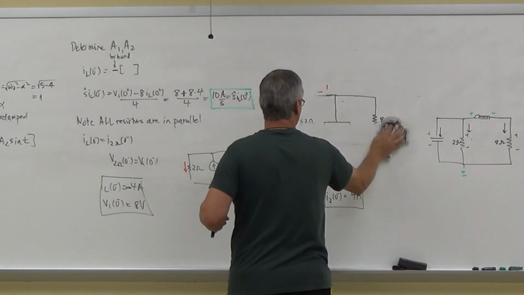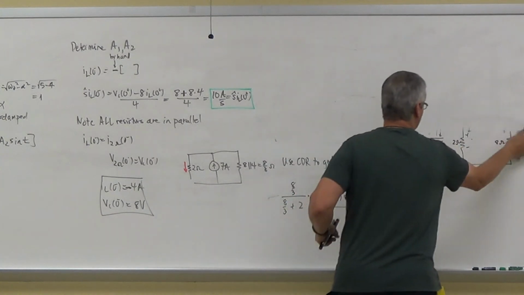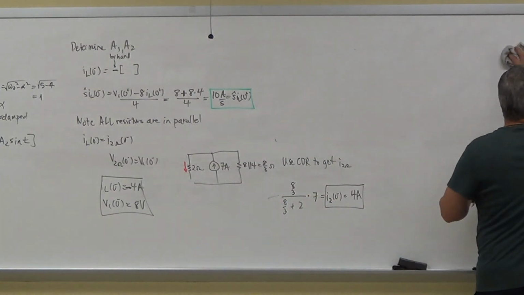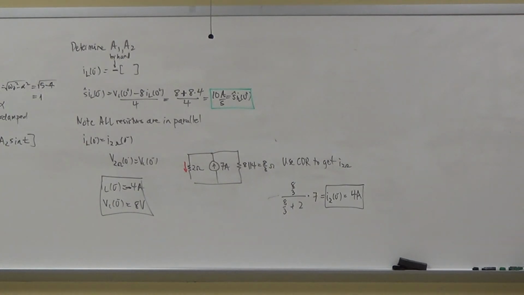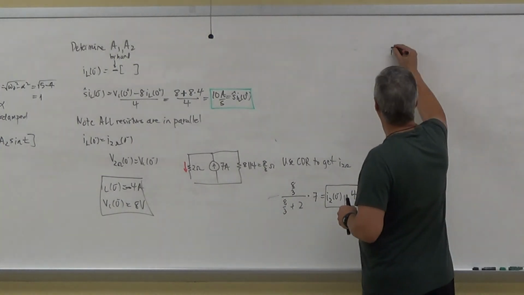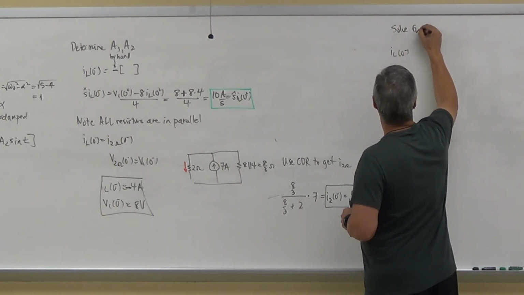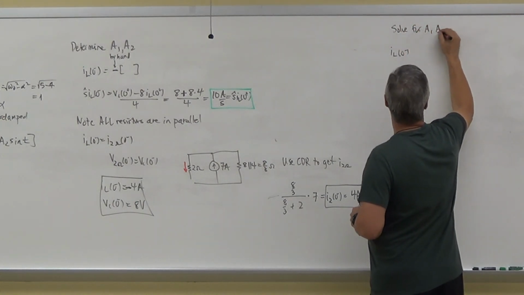So that means then I could then go in and calculate the steps. So if I put this all together here, now I have IL. So now I'm going to solve for A1, A2.